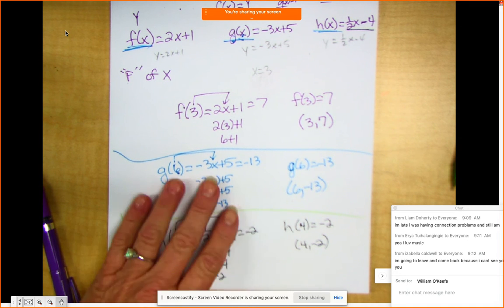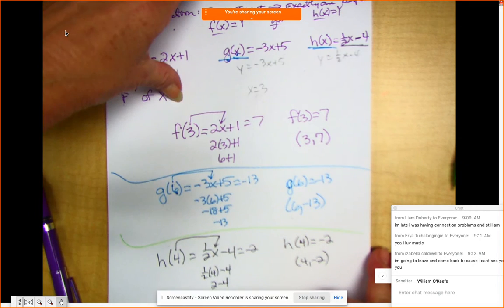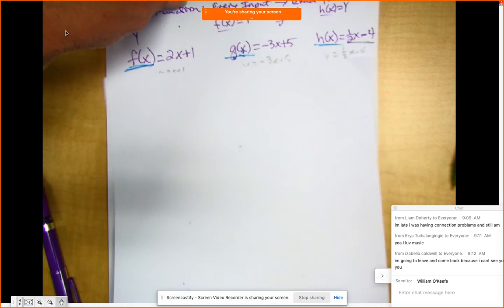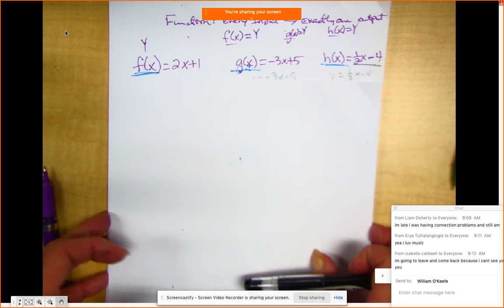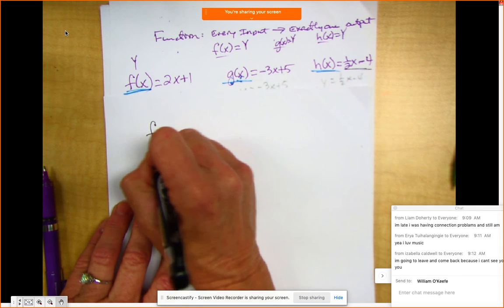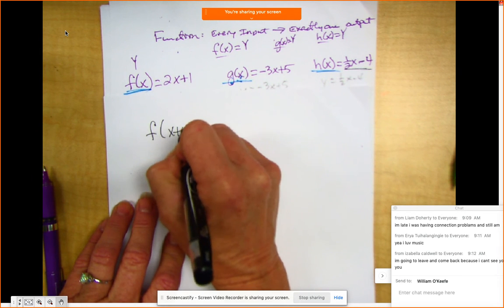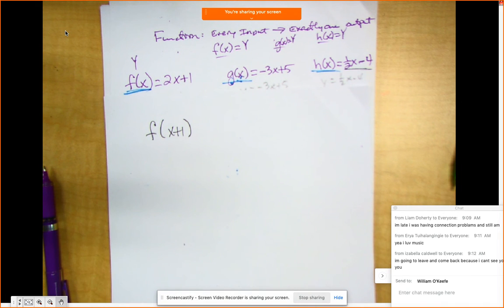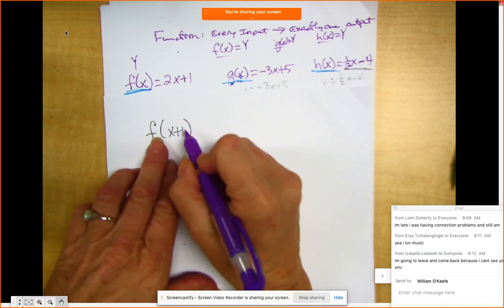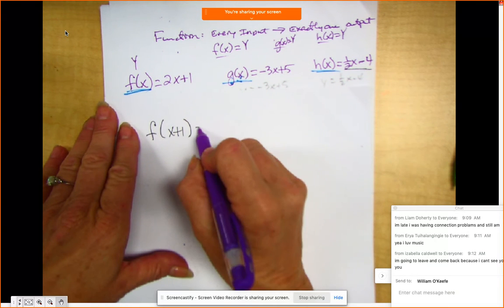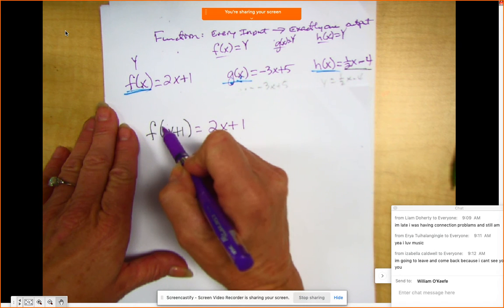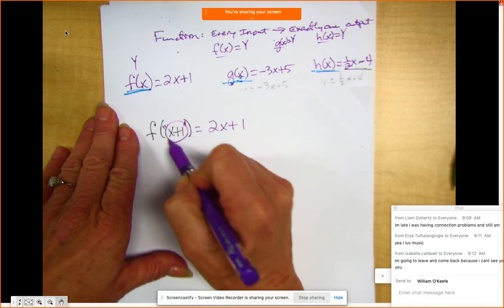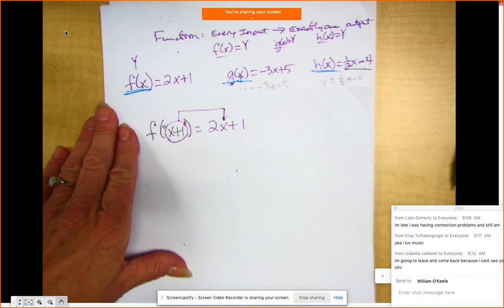Now I have to show one more example, so as long as I'm here, let me do it. I'm going to keep the same function definitions, but instead of inputting a number, for the second part of our homework tonight, I'm going to write something like this: f of x plus 1. And that's where kids start to go, poof, like your mind is blown. Don't be mind blown. What it wants me to do is take the f function, which is 2x plus 1, and instead of x, substitute in all of this right there.